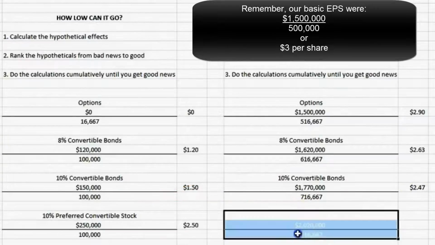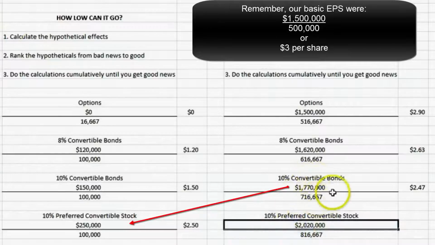All right, so let's do the last one. Let's do 10% convertible preferred. All right. So we'll start here with this $1,770,000, and we're going to add this $250,000, because if these guys had converted their preferred stock to common stock, we wouldn't have owed them the preferred dividend. So there's no need to subtract it in the first place.